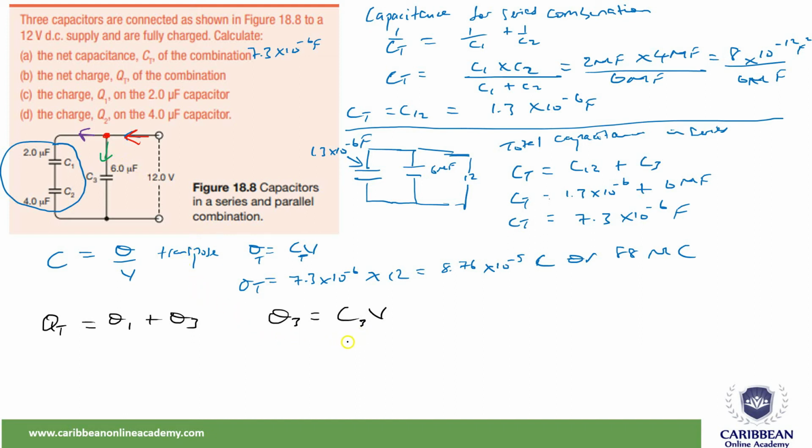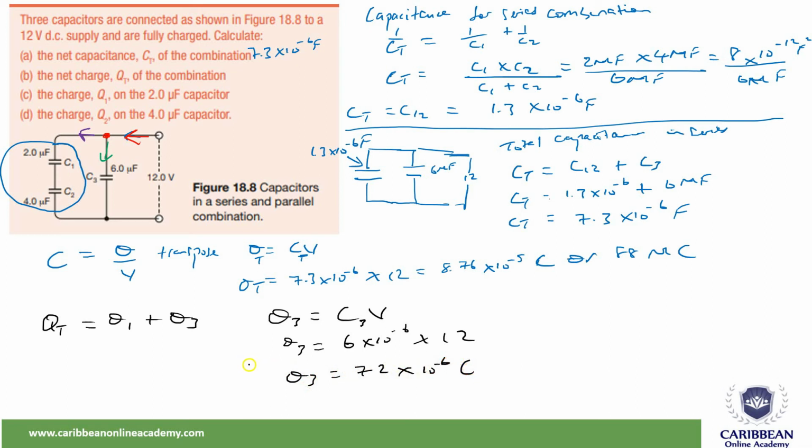So C3, which is 6 times 10 to the minus 6, times 12. When I work that out, I get that Q3 is 72 times 10 to the minus 6 coulombs. Following?